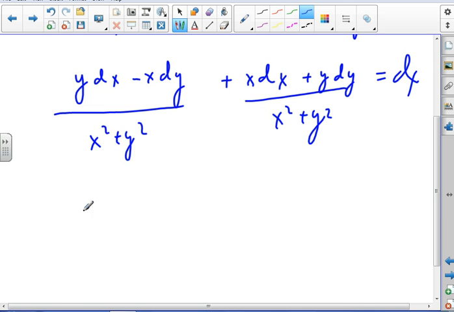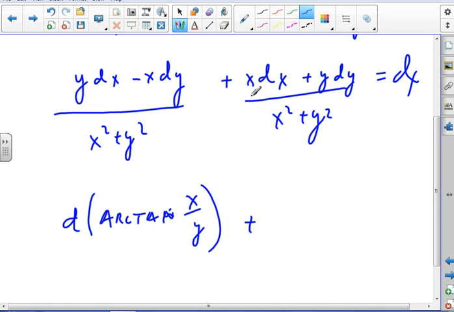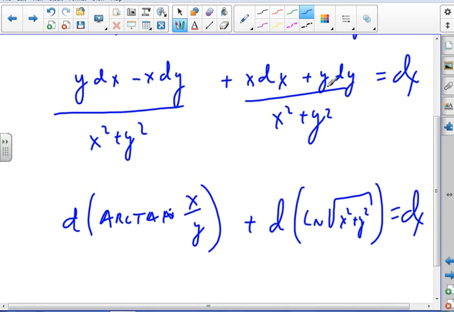Okay, so this is the derivative of the arctangent of x over y, plus this guy, x dx plus y dy, is the derivative of the natural log of the square root of x squared plus y squared, is equal to dx. All right, so now I can integrate both sides of the equation.